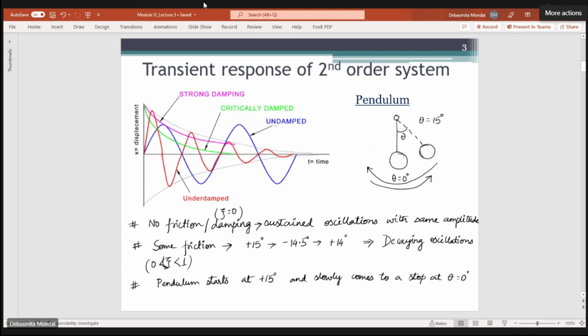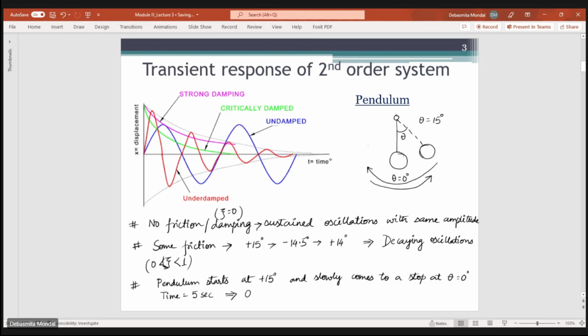Let us say that the time taken by this pendulum to reach from theta equals 15 to theta equals 0 is, let's say, time t equals 5 seconds. In this kind of situation, where you have a sufficient amount of damping in the system such that no oscillations are present, those systems are known as strongly damped or overdamped systems.